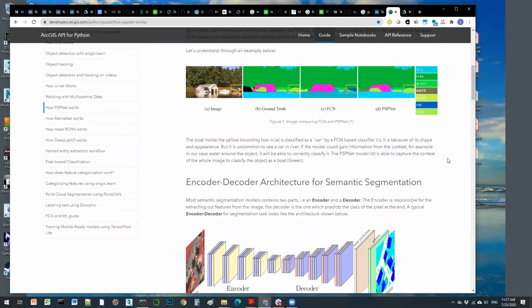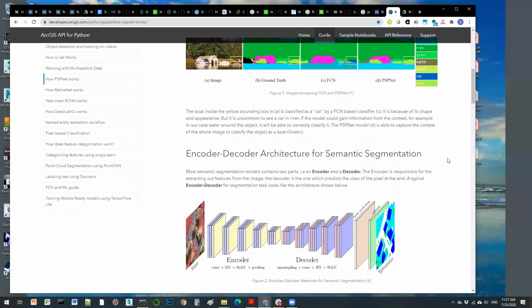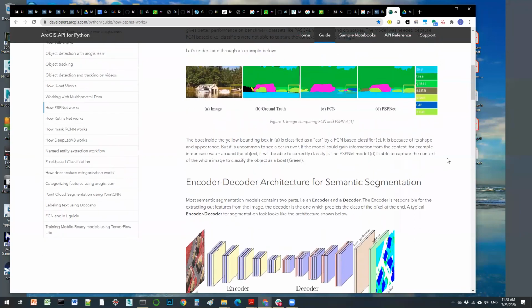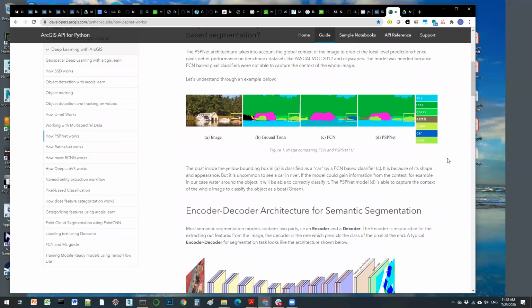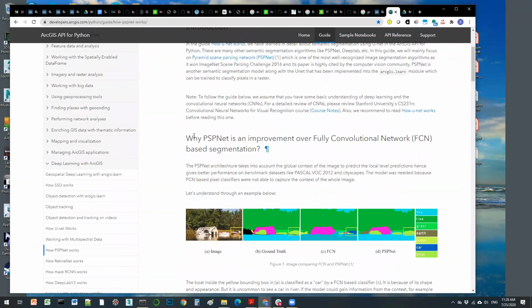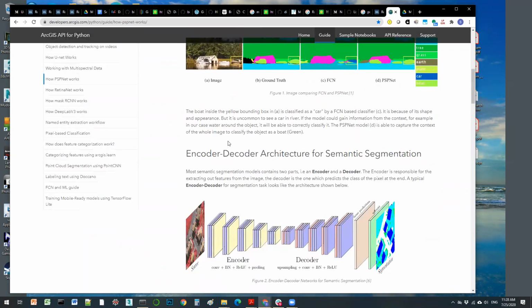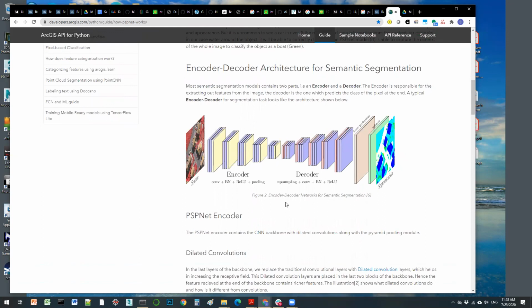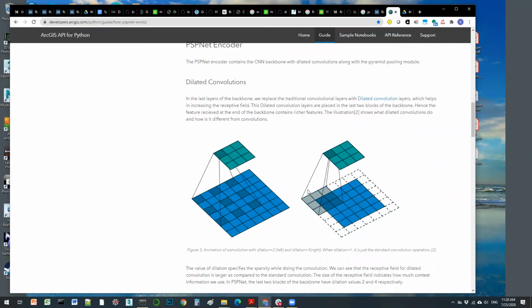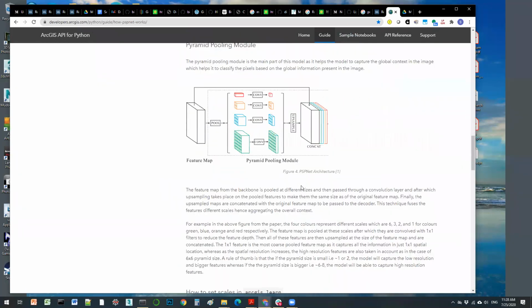Right. So can you guys see my screen now? Okay, so this is what Steve is talking about. This was another one of the explanations, and you can see here it talks about PSPNet. Why is it an improvement? And then here you see he's just implementing the PSPNet encoder, which contains the dilated convolutions and then pyramid pooling.